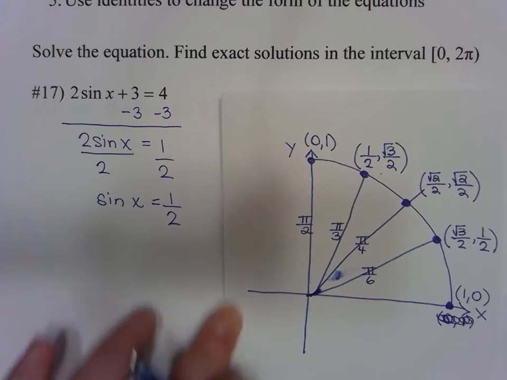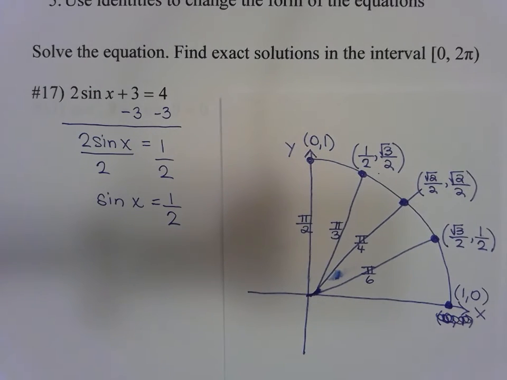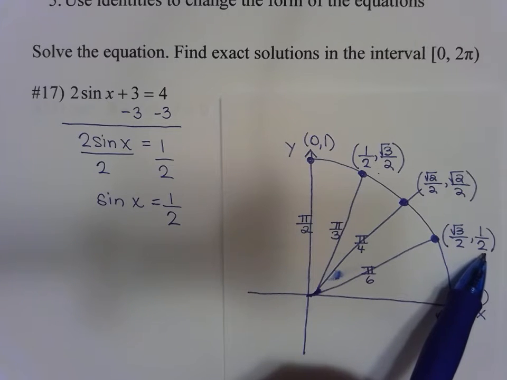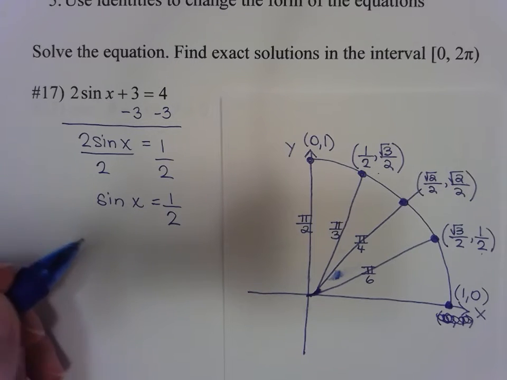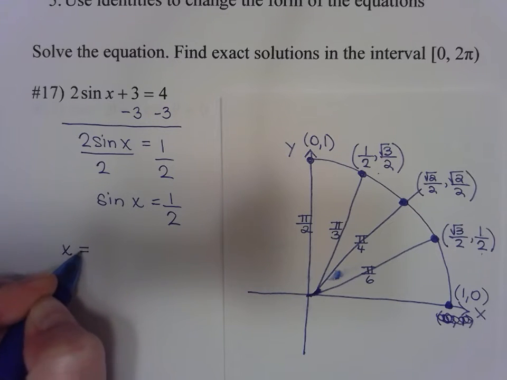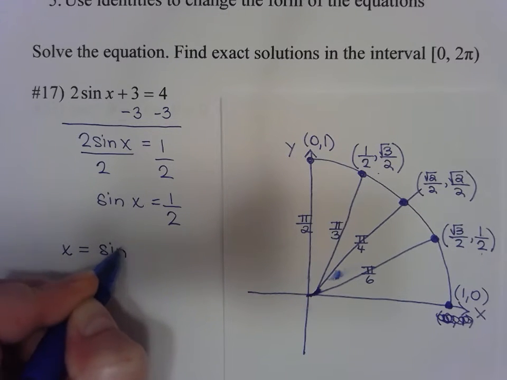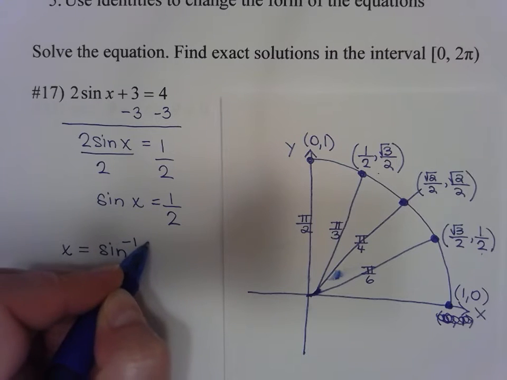Remember on the unit circle, the place where the sine shows up is as the y value. So here we have 1/2 as a y value when we're using the angle pi over 6. You could think of this also as sine inverse of 1/2.